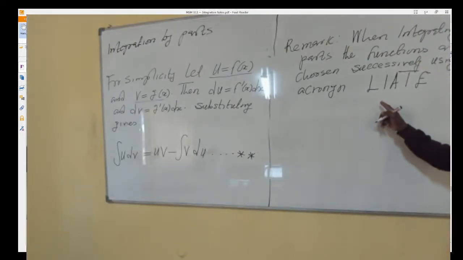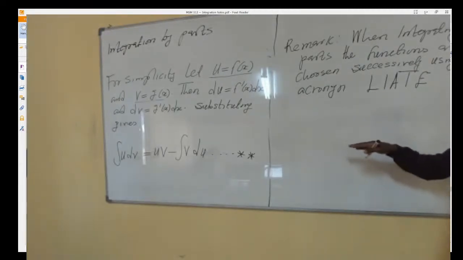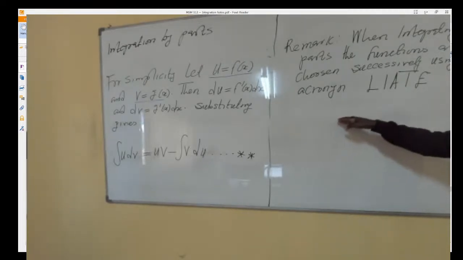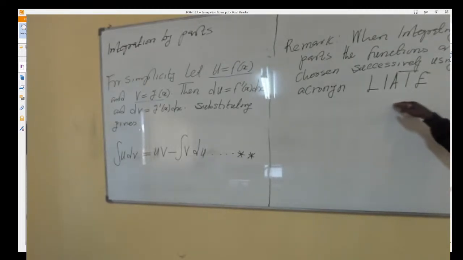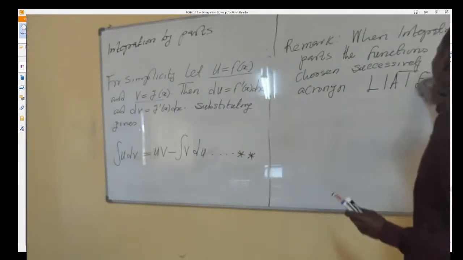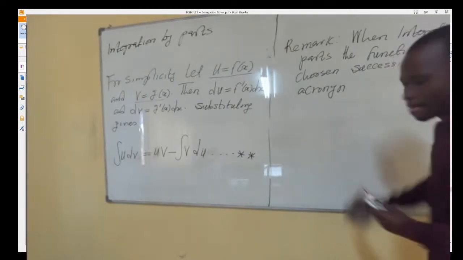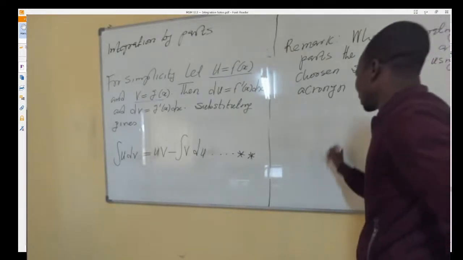What this acronym does is it will help you to say, when you look at that function, okay, my u will be this one, my dv will be this one. Now, what do these letters stand for? Let me put it down here as big as possible.